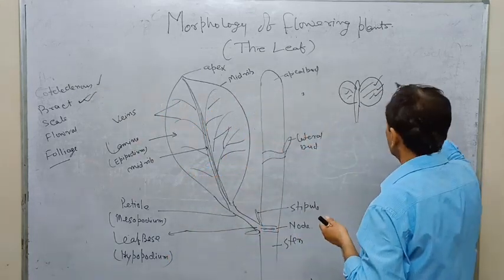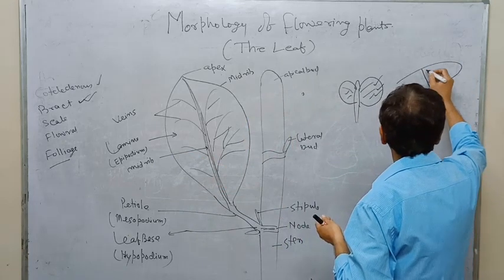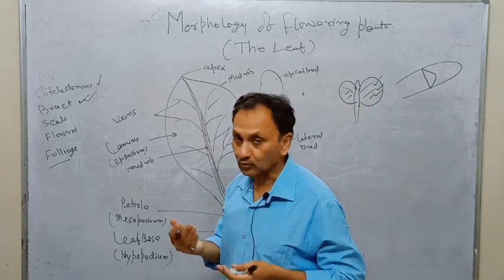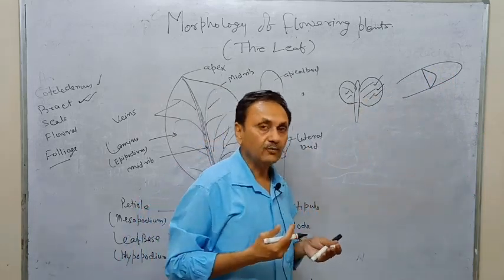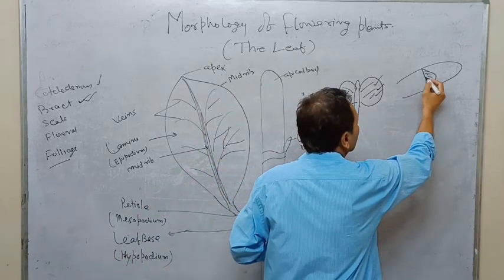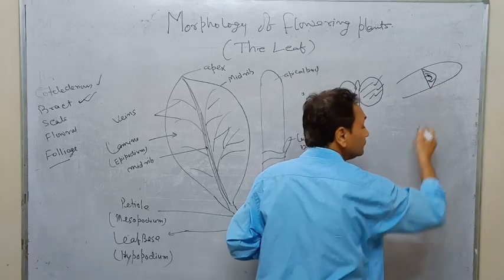Scaly leaf is observed in the stem which is mainly horizontal and underground, rhizome-like, having this type of leaf that protects the bud, and this is called scaly leaf.